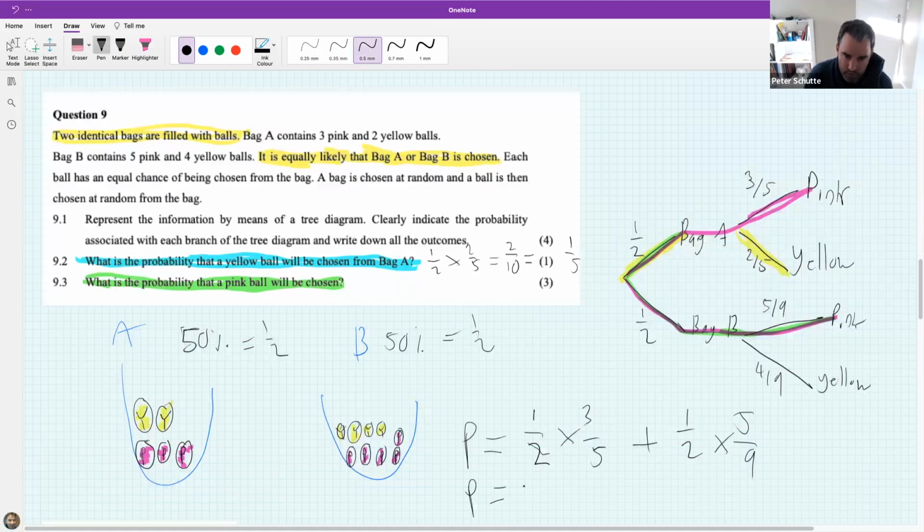And I'm getting 26 out of 45. So there's a greater than 50% chance that you'll end up getting a pink ball when you choose from either of the bags. When you randomly choose one item from either of the bags, there's a greater than 50% chance. And that makes sense because there are more pink balls in both bags than there are yellow. So it would make sense to me.